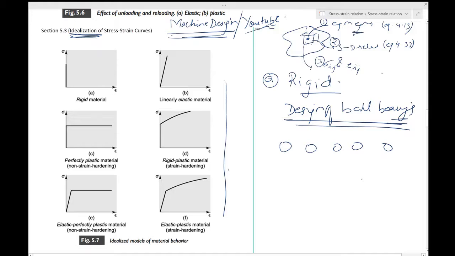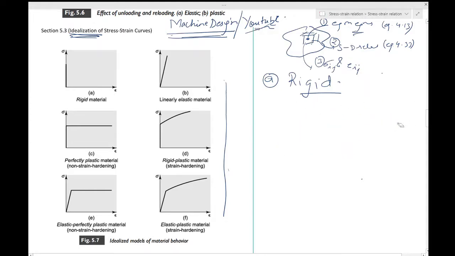All you consider is the wearing off at the edges, and the rest of the part is assumed to be rigid. That is one of the things you do, and there are several other parts where it is reasonable to assume that your solid body is rigid.